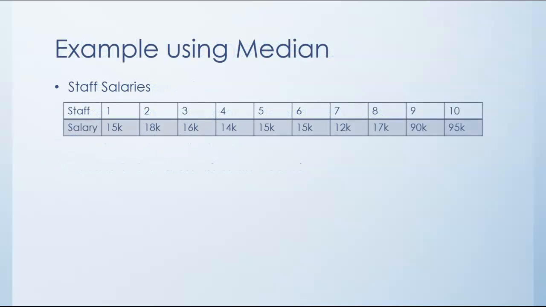An example, again, I'm going to go back to our staff salary. If you'd like to pause the video and figure out the median on your own, remember you have to put the numbers in order, and you're going to find that middle number. Since we have 10 data points, you would need to find the average of the center 2 data points, after you put them in numerical order. If you figured it out, hopefully you found that it was 15.5K or 15,500.